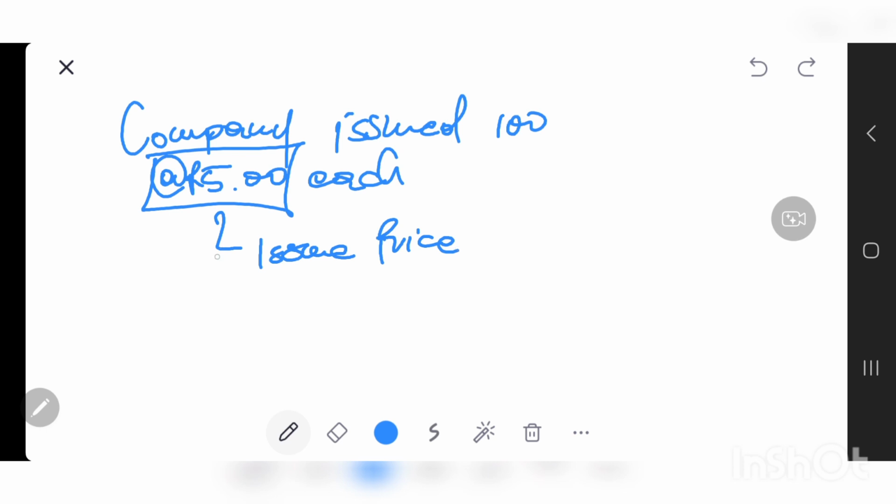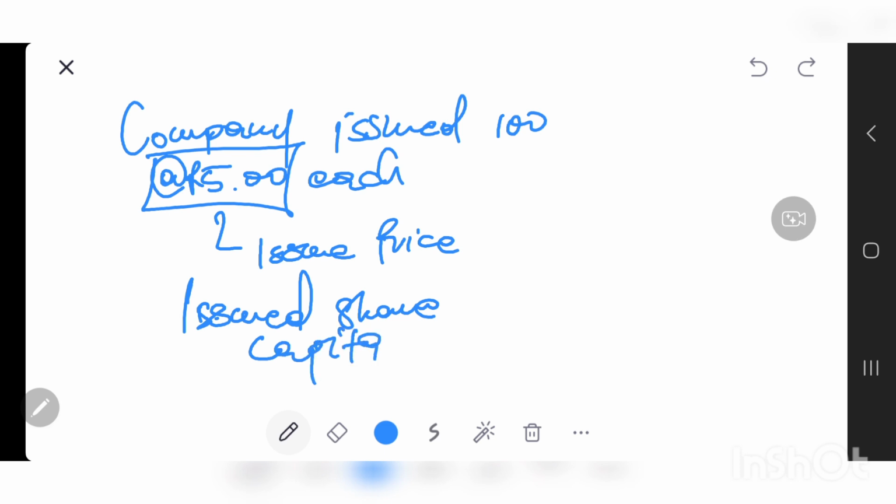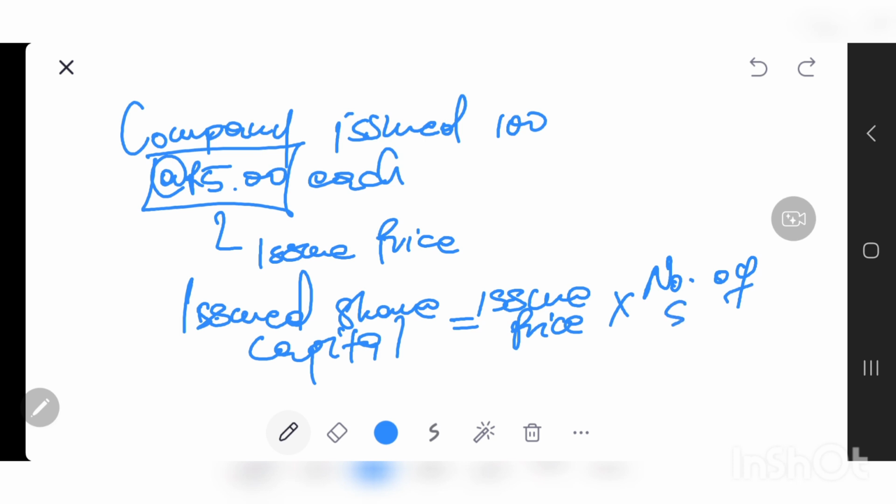So for you to get the issued share capital, what do you do? You take your issue price, then you multiply it by the number of shares issued. So for an example here, the issue price is 5 rand, and then you multiply it by 100.